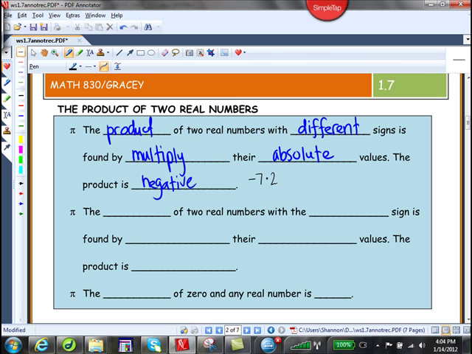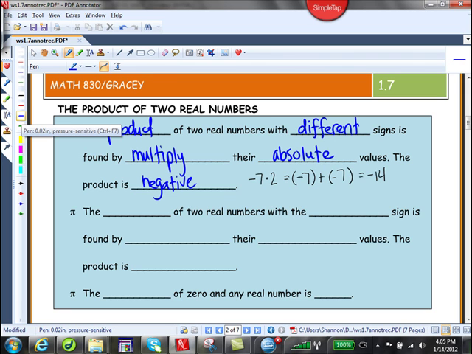Well, you could rewrite this as negative 7 added twice. So this would give us negative 14. So multiplication can be defined by repeated addition. All right, so it's the first number added to itself the second number amount of times. So that's why that rule comes into play.